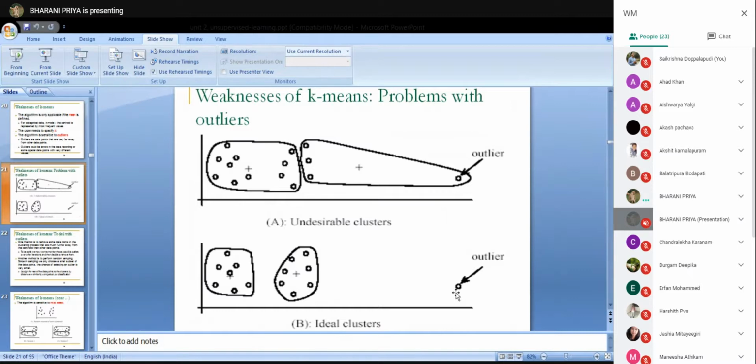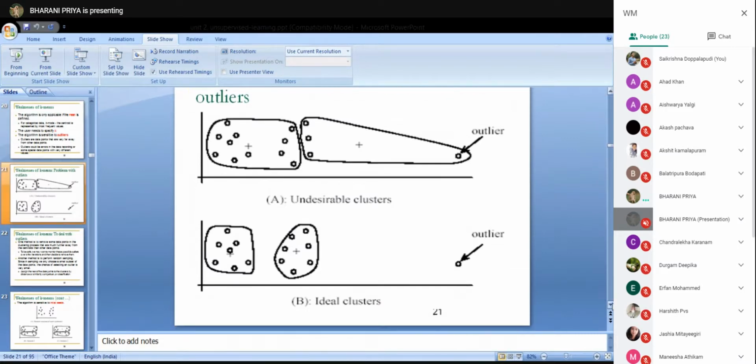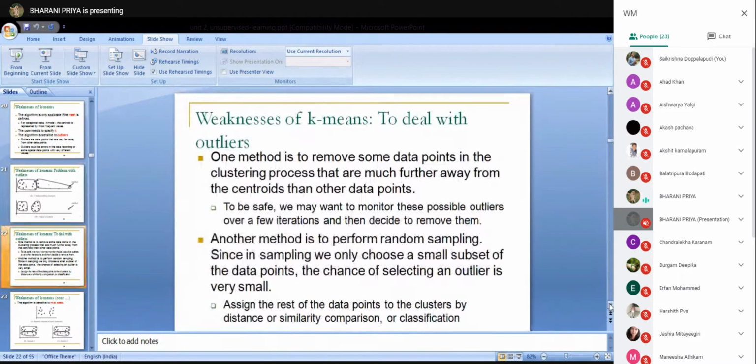When an outlier occurs, what is the solution? Removing outliers. Yes, remove that example, remove that record. So to deal with outliers, remove some data points in the clustering process. Another method is to perform random sampling. Randomly select some of the data and cluster them.